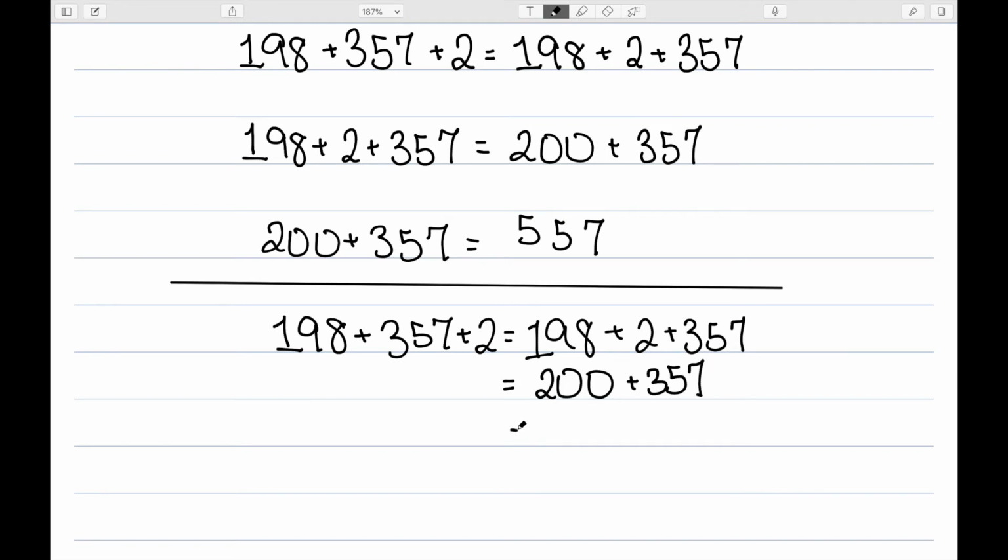And 200 plus 357 is 557. And when we have several equations strung together like this, it's easy for us to understand that the first expression is equal to all of these over here on the right, including the last expression. So we can now say 198 plus 357 plus 2 is 557.